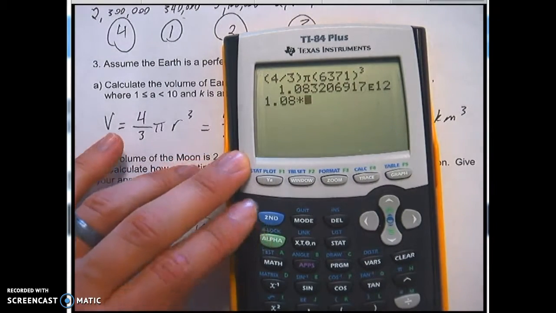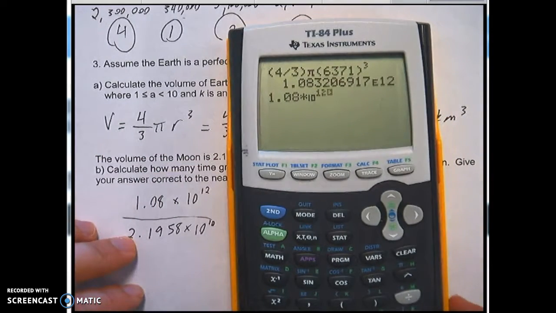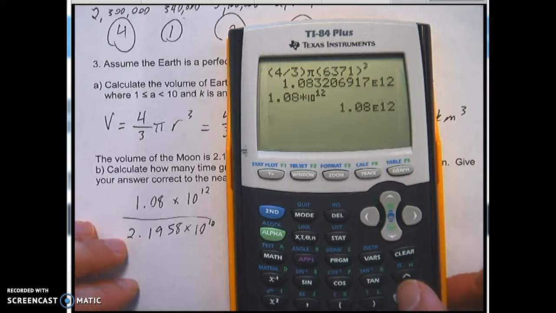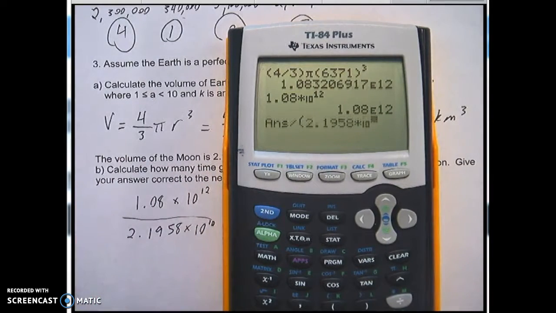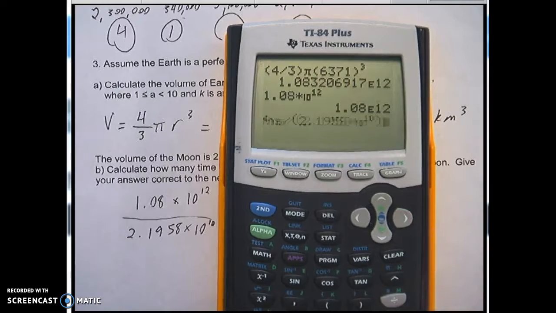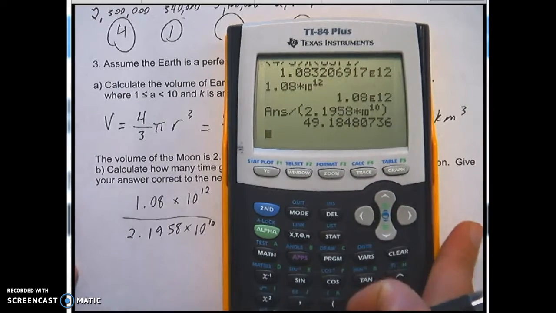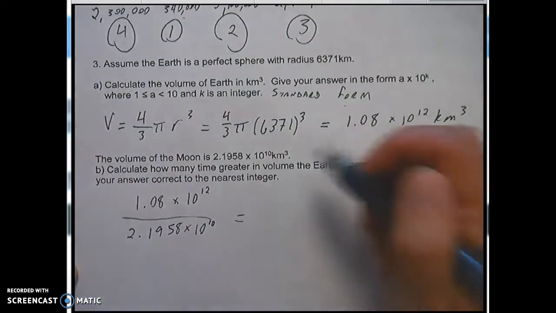1.08 times 10 to the 12th power. I simply want to divide that by 2.1958 times 10 to the 10th power. And I'll close that up. And it's just about 49. It says round to the nearest integer, so the nearest integer is 49.